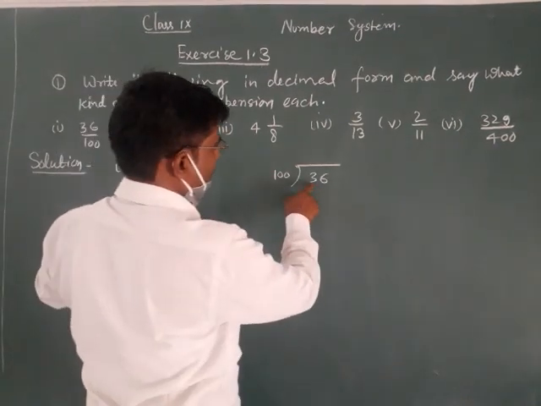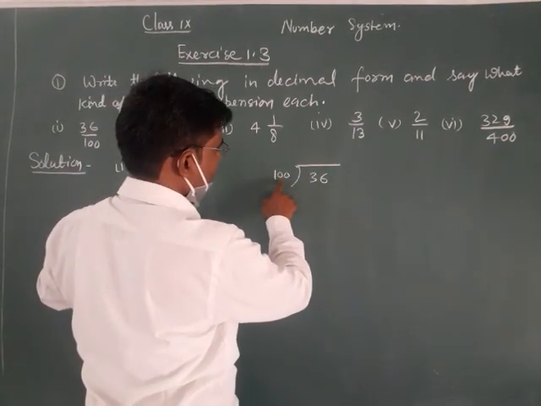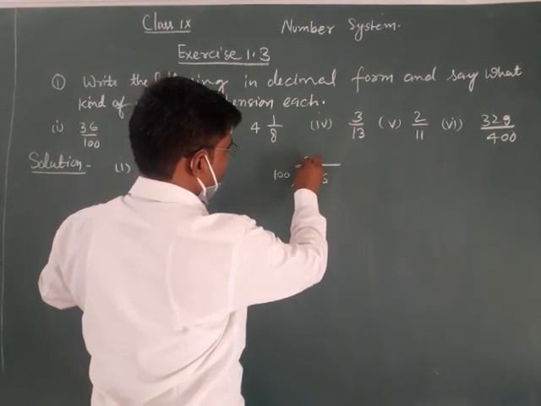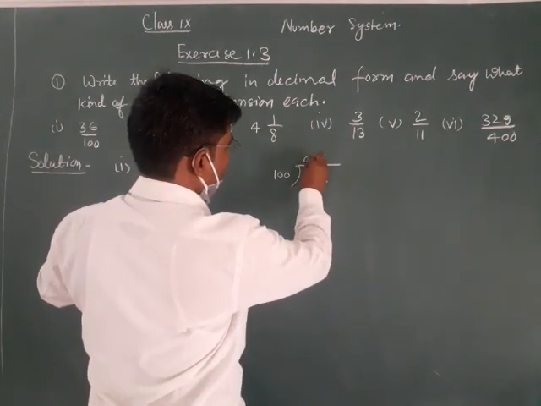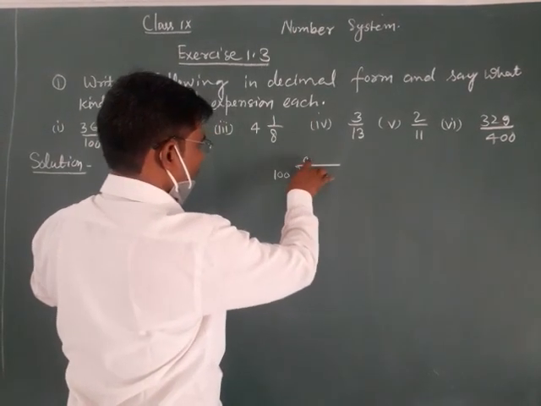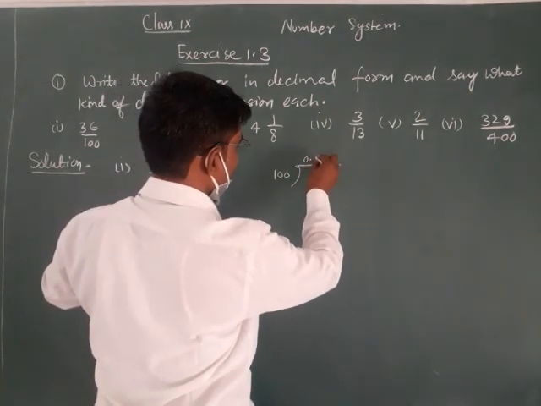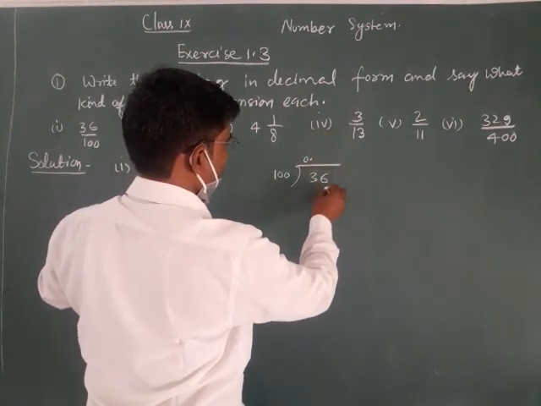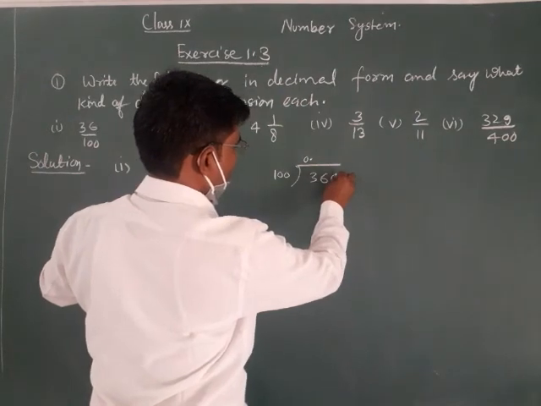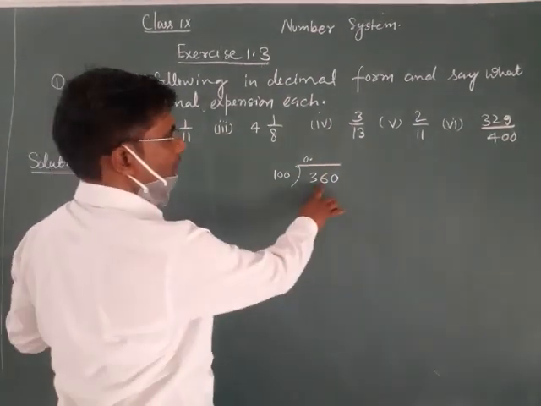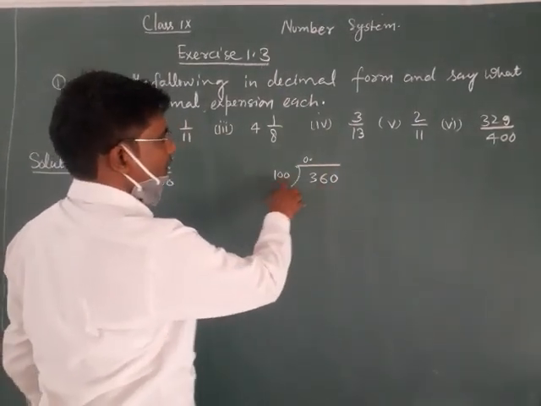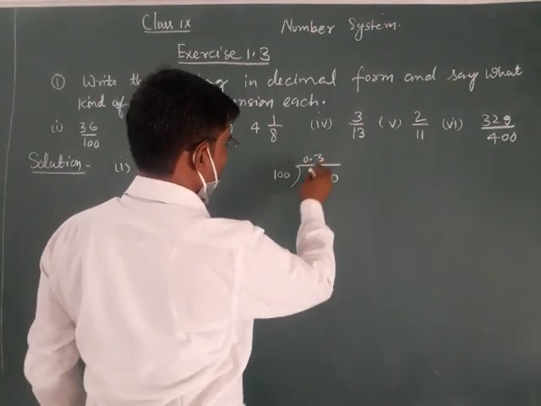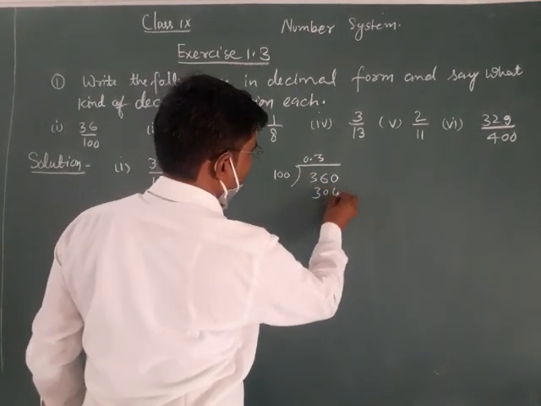So 36 is less than 100. Now going on the decimal point, so increasing 0. So 360, 100 times 3 is 300.